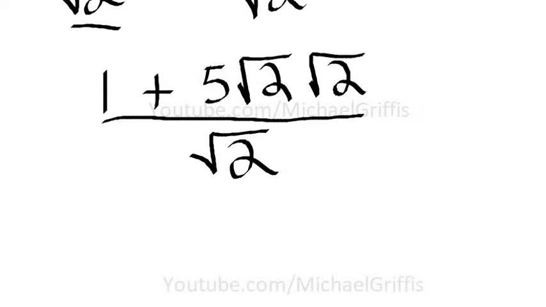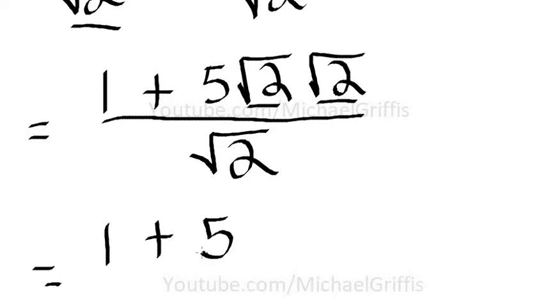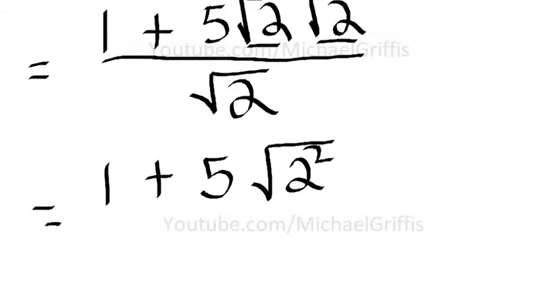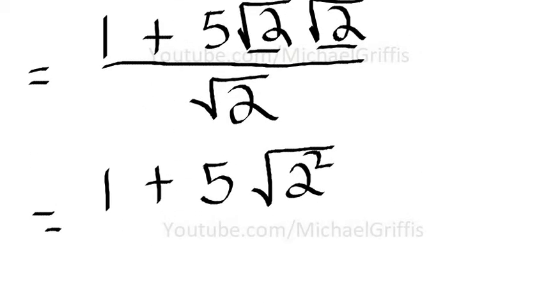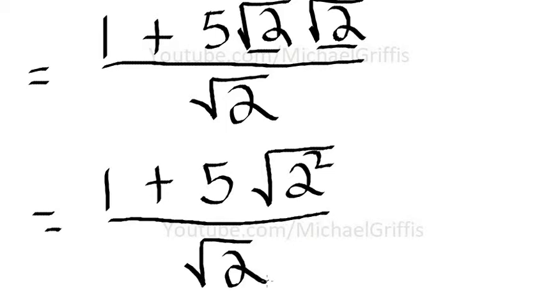Now you notice over here we have the square root of 2 times the square root of 2. This can be rewritten as 1 plus 5. We can bring all that inside, and the square root of 2 times the square root of 2 is just the square root of 2 squared. Okay, we can just write it like that. It's all over the square root of 2.